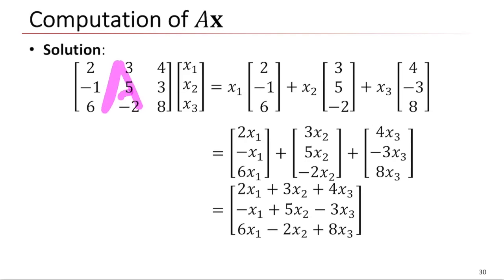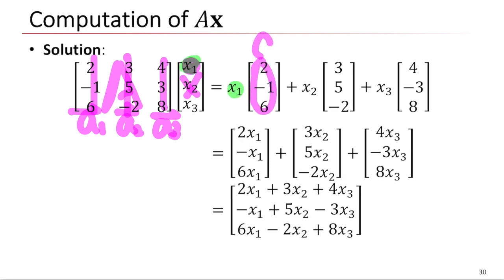This is matrix A, this is vector x. We already know each column, let's say a1, a2, a3, and each element of x is the weight of each column vector a1, a2, a3.